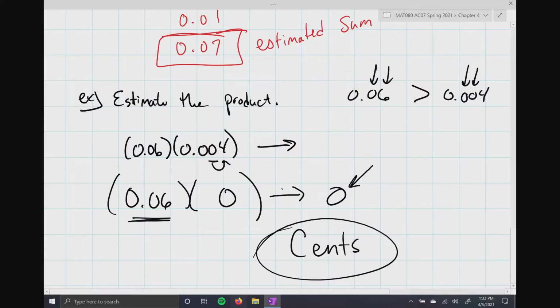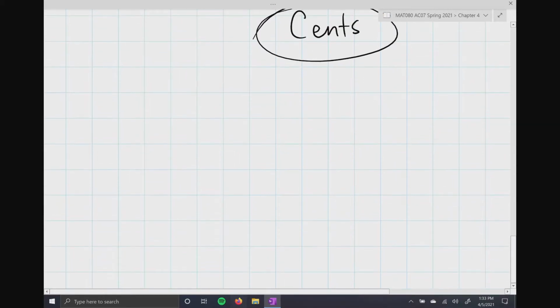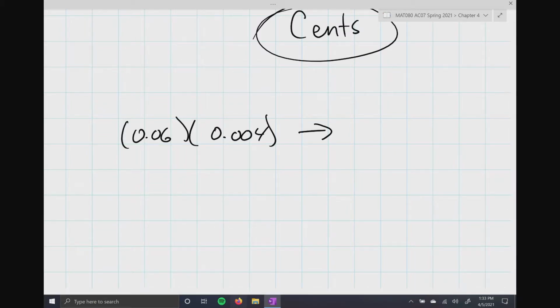All right, let's look at another product, okay? We're going to do the same one again. But this time, let's use our brains. Let's think about this for a second. If I wanted to find the actual answer to this, I can multiply it out, correct? But here's what's nice about this. These numbers are very, very small, meaning the 6 and the 4. Matt, what is 6 times 4? Oh, 24.